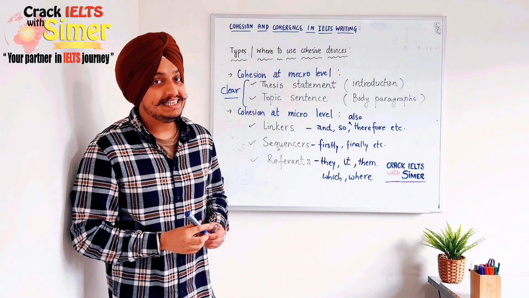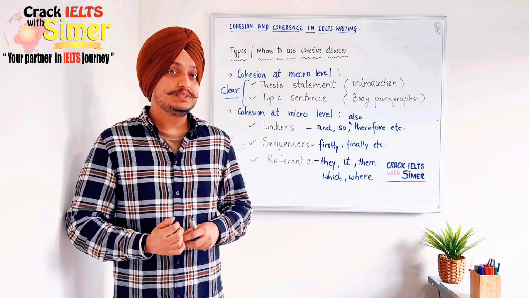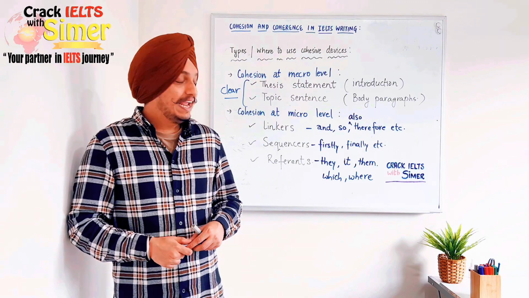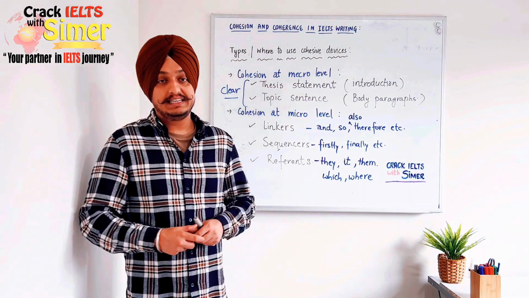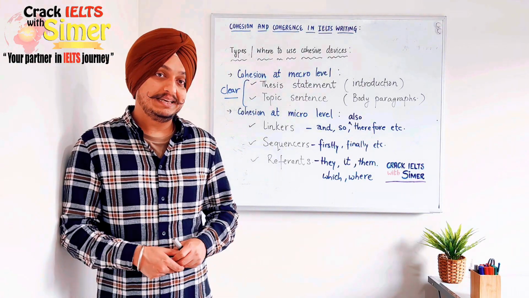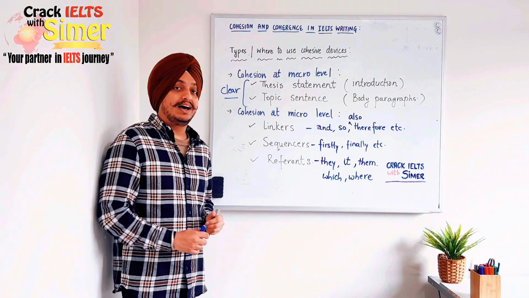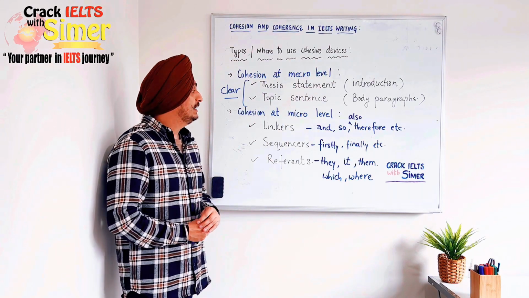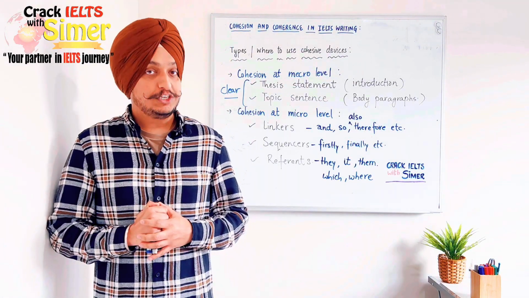I don't know, these linkers come naturally, and I just love to use them in my essay. And obviously they, them, these are the references that I would always use in my essay. So make sure that you understand the different types of cohesion, or the different types of cohesive devices that you can use in your essay.